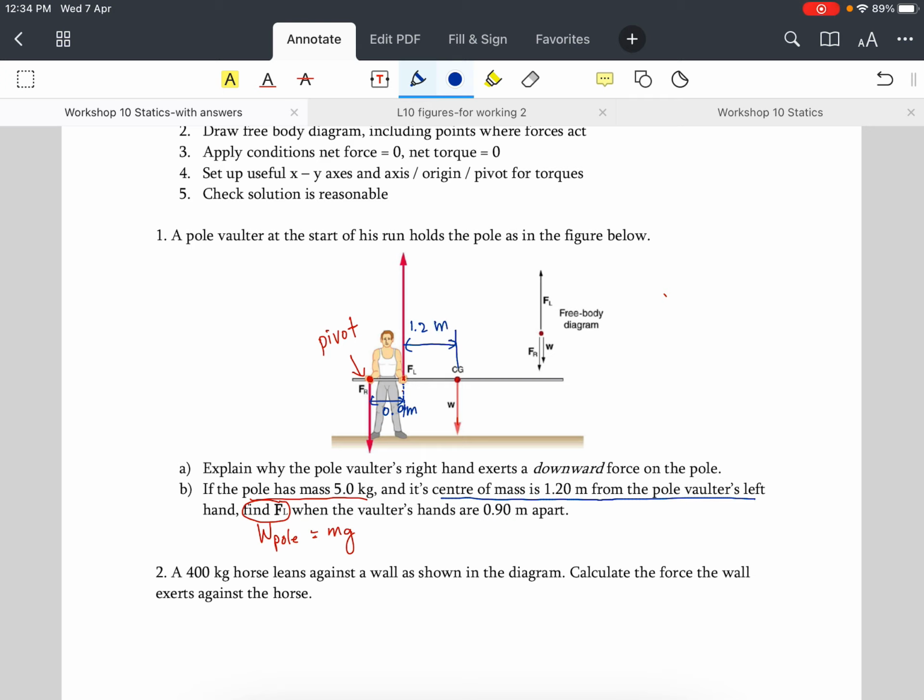So the lever arm is the distance between the weight force and the pivot point that we've chosen. So the lever arm between the weight force and the pivot point will be 1.2 meters plus 0.9 meters, which is 2.1 meters.